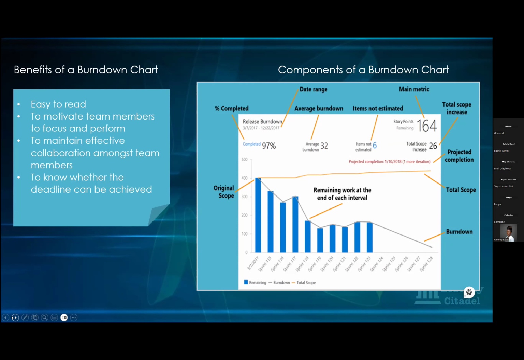It's more about focusing, because they can get distracted, like bringing in other things that we've not committed to the sprint. It's so easy to do that, rather than focusing on what needs to be done. So you can use the chart to motivate them to stay focused and to perform, and to also maintain effective collaboration amongst the team members. Those are the benefits you get.